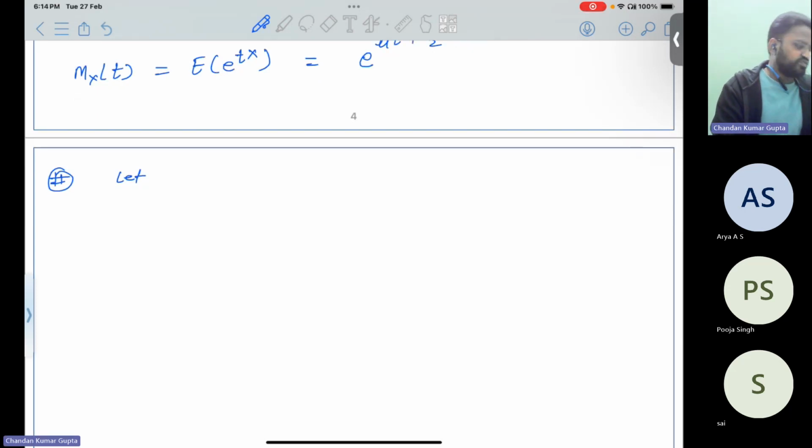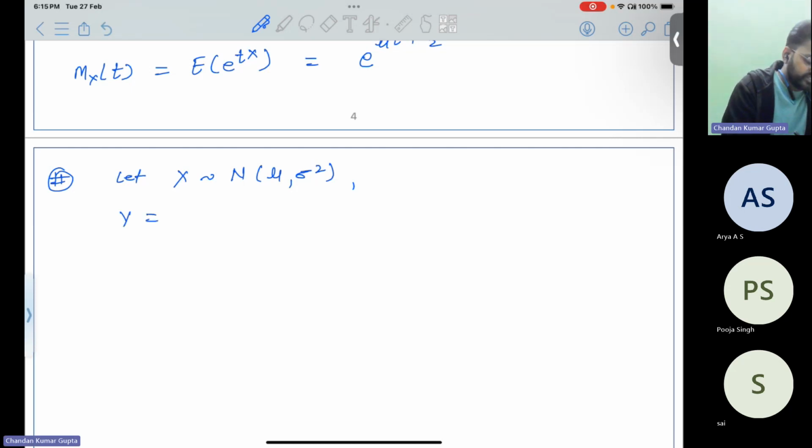Okay, then we are going to discuss some properties of the normal distribution or normal random variable. Suppose x is a random variable which is normal and follows with mean mu and variance sigma square. In that case, we need to find the distribution of the variable y, which is related to x like this.